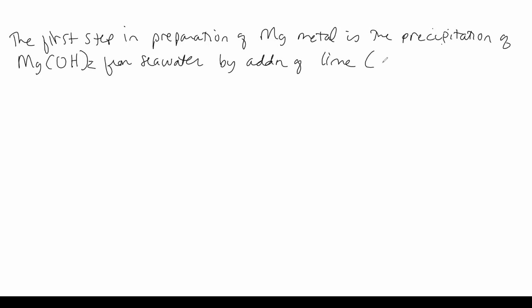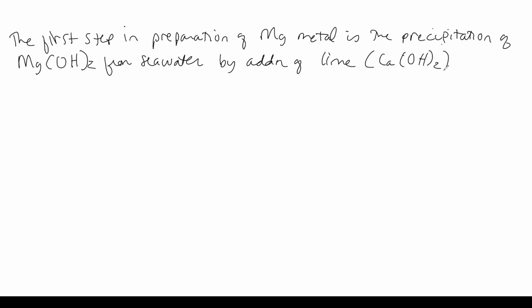So you already know what lime is, and that's just calcium hydroxide. So you've seen that compound. So that's lime. So we're going to add lime, and we're going to inspire that precipitation of magnesium metal.